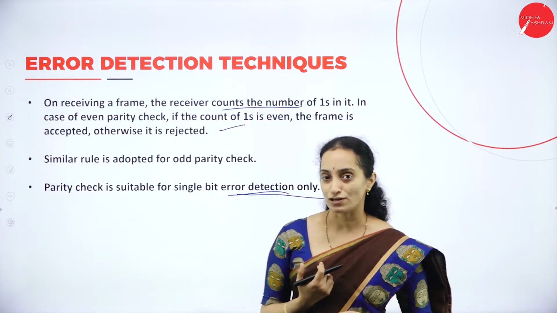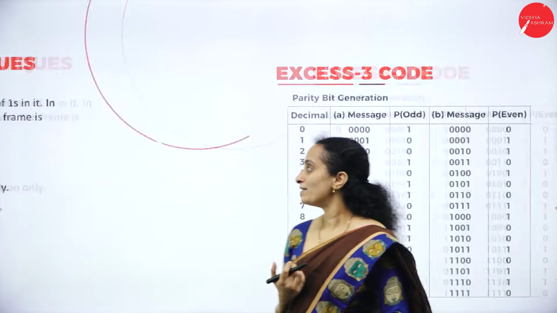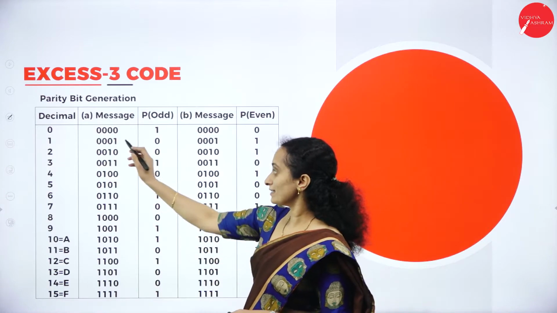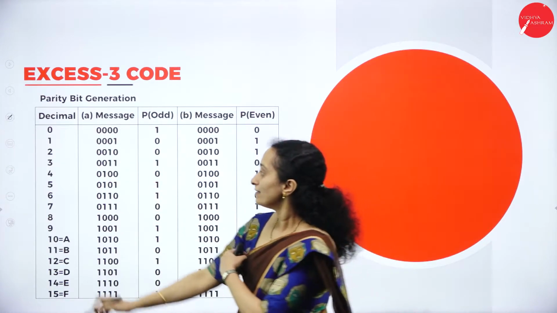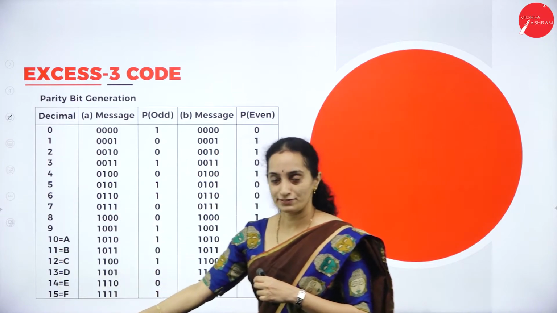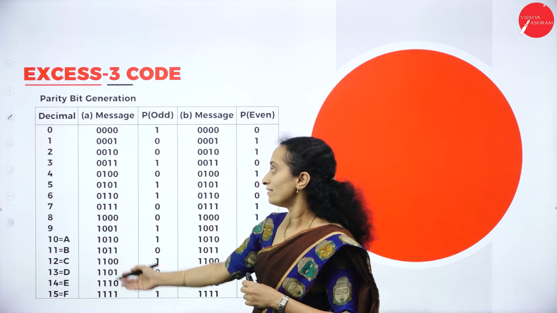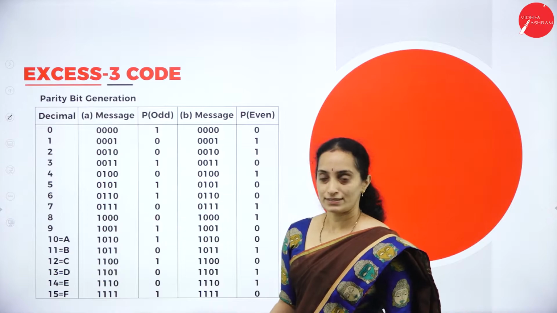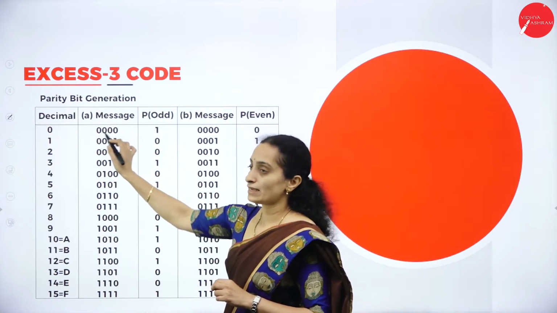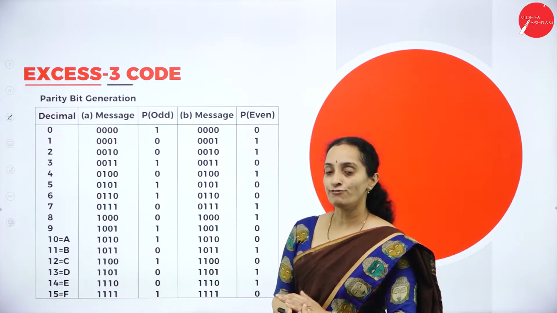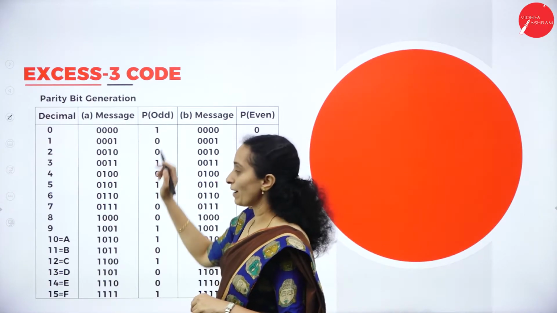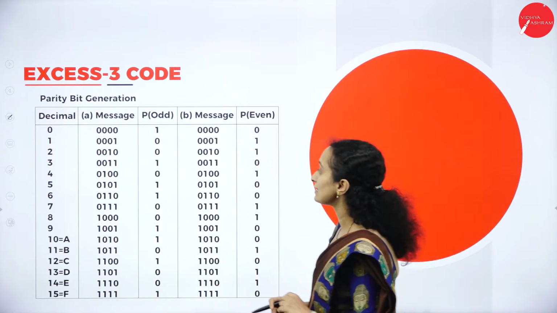What is the solution for this is, we have the tabulation of parity bit generation. Here you can observe the equivalent decimal values from 0 to 15. Next we have messages with different data. Here, if it is odd parity, it will check for the number of ones. If the number of ones is 0, parity is set to 1. That means it is even.